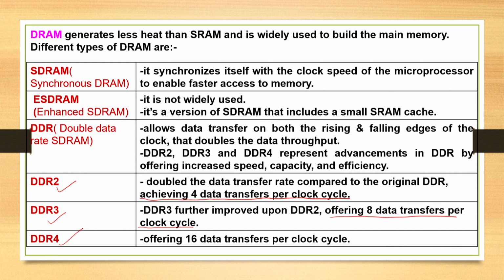On the other hand, DDR4 offers 16 data transfers per clock cycle. So, it means speed-wise DDR4 is the best among DDR1, 2, 3 and 4. So, this was about the different types of dynamic RAMs which are available in the market.